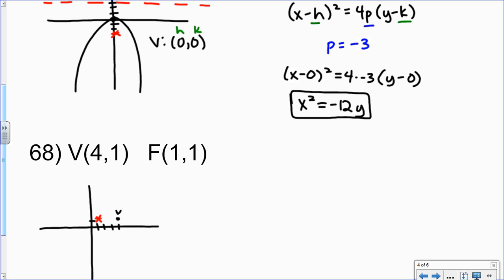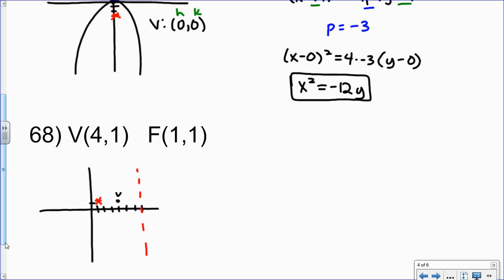So, where would the directrix be? How would I find where that would be? Yeah, I need to go to the right. And you don't need the directrix for your equation, but I think that helps us see the way that it'll open. So which way will this open?